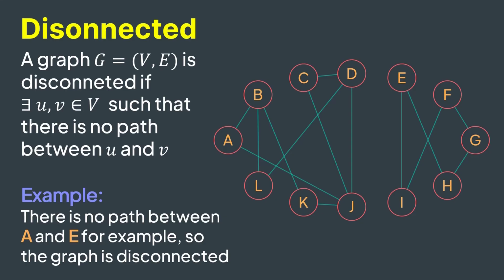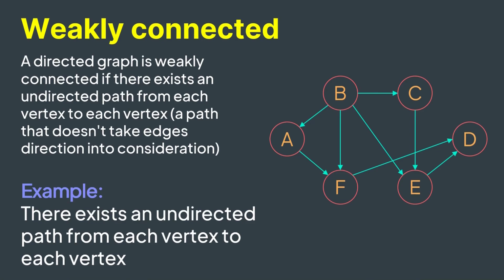This one is for undirected graphs, because for directed graphs, we have weakly connected and strongly connected. Weakly connected graph means that there exists an undirected path from each vertex to each vertex. An undirected path is a path that doesn't take edges direction into consideration. In other words, if we remove edges direction, we get a connected undirected graph.